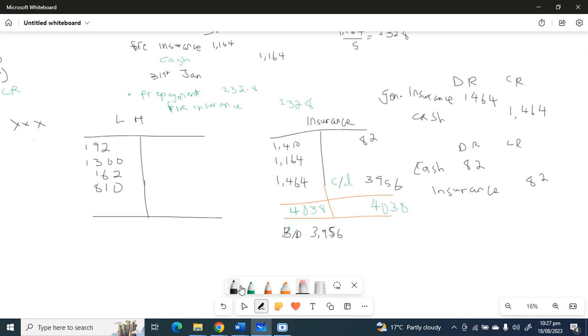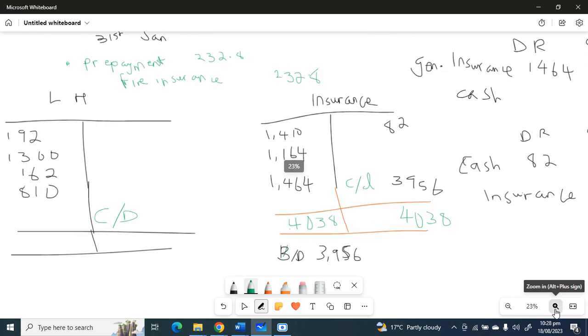So again, we tabulate what's our total here. The carried down comes on the lower side, which is the credit side. So when we add these numbers, I've only written the amounts on this account.